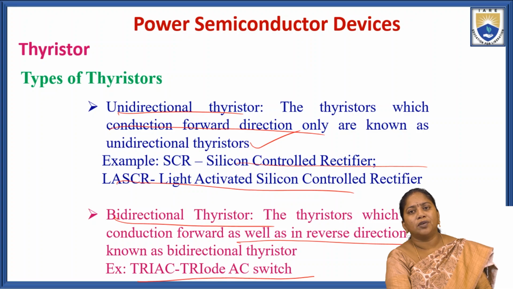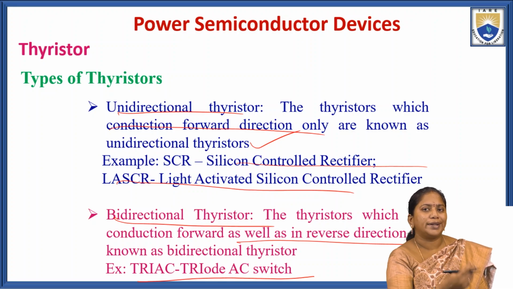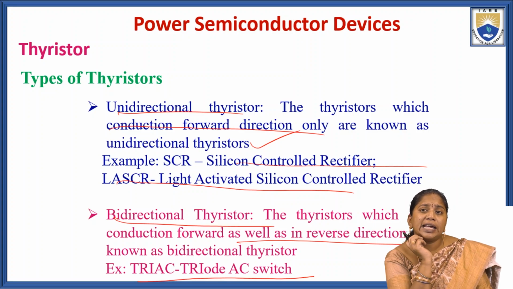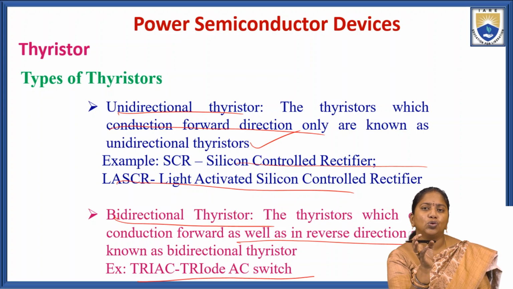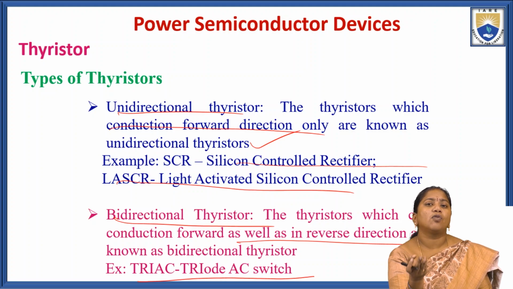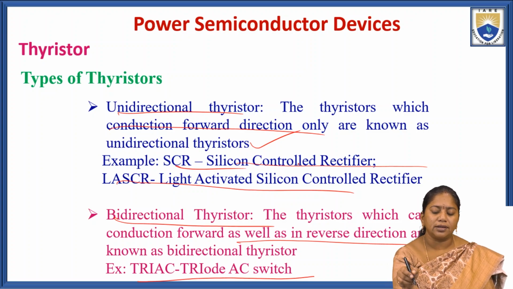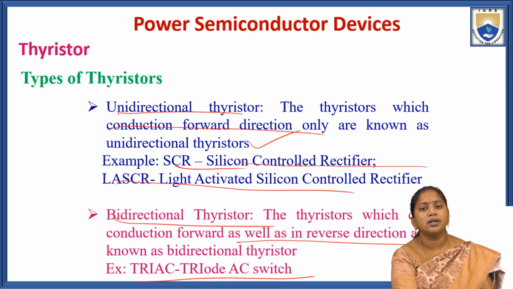Thyristors are of two types. First one is the unidirectional thyristors, in which the conduction is in the forward direction only. Examples are the SCR, silicon controlled rectifier, and LASCR.